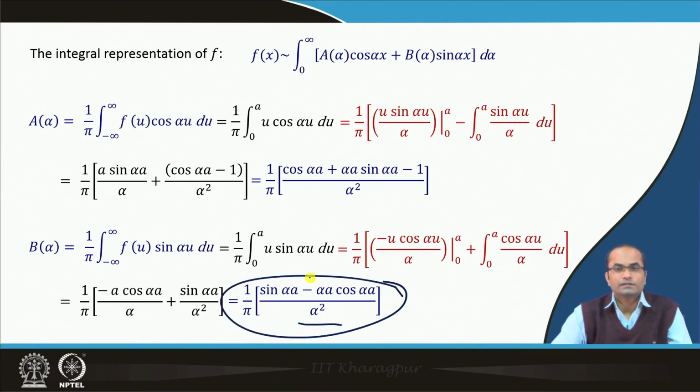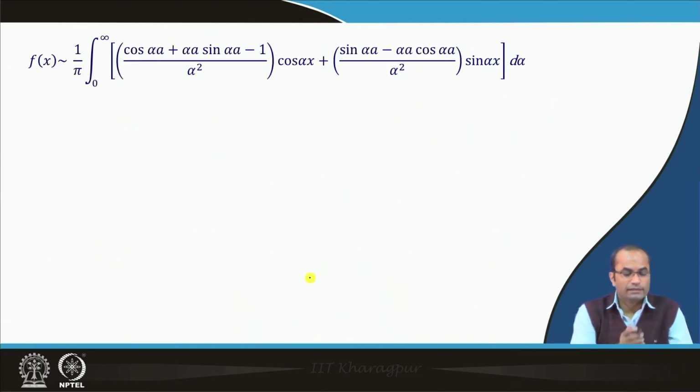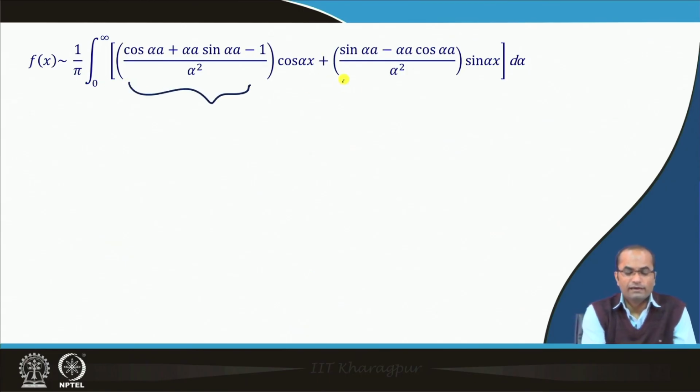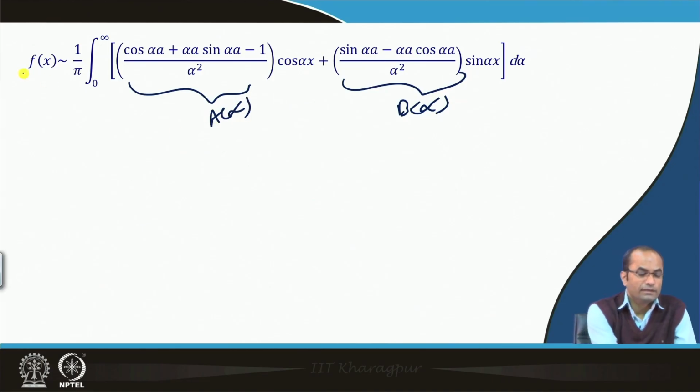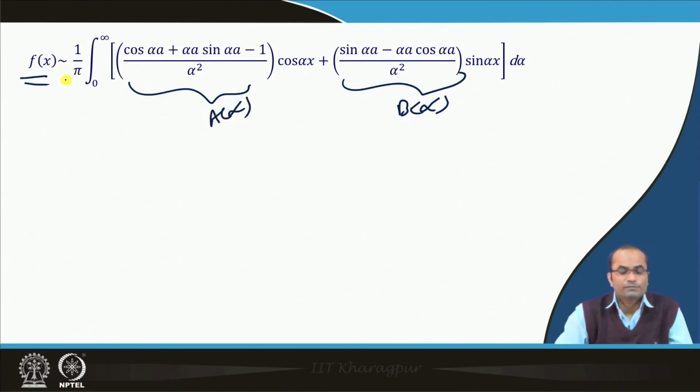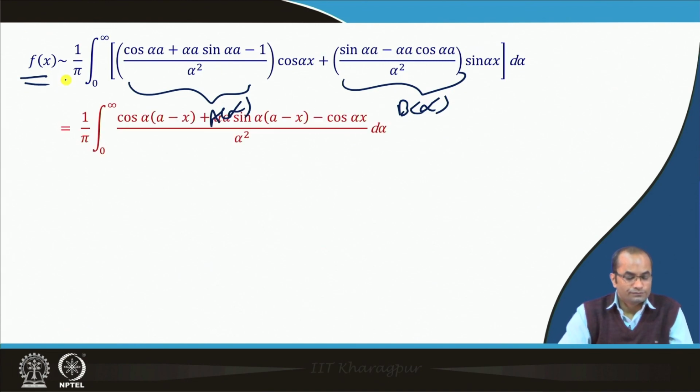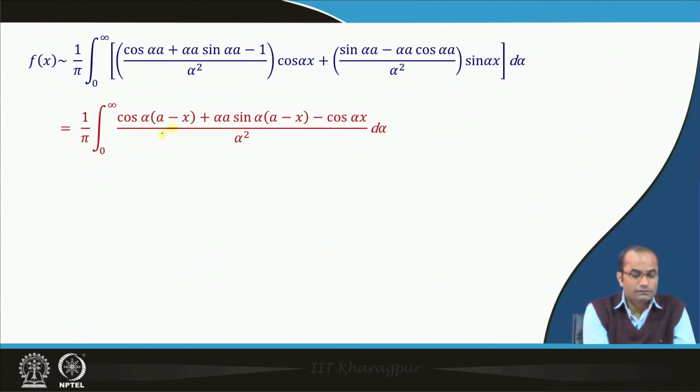So, both the coefficients are computed, and then we can substitute this A(alpha) and this B(alpha) in this f(x) in this integral representation. So, that can now be simplified.